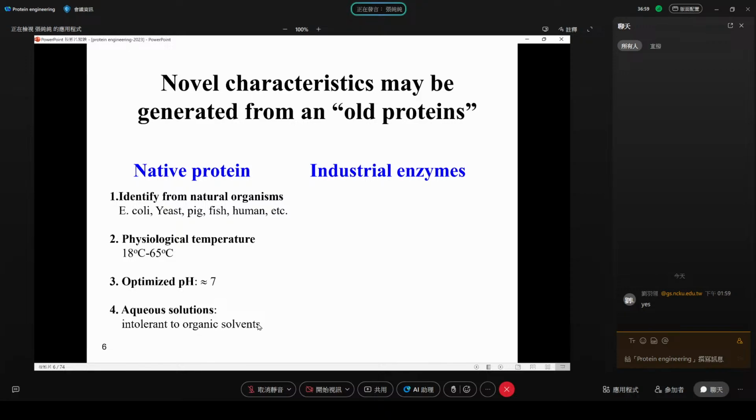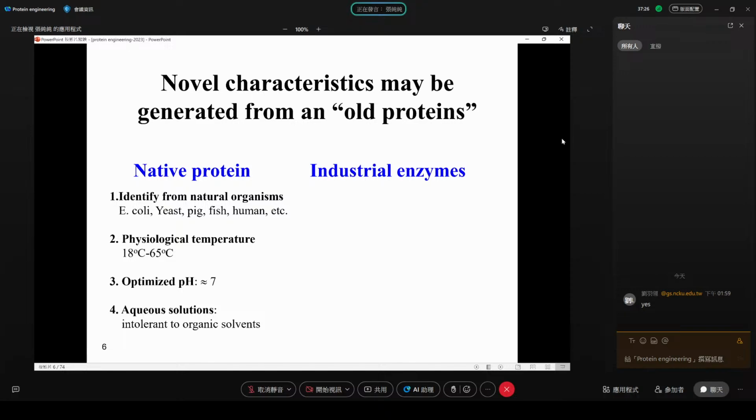I believe all graduate students, when you start your first research work, your PI probably asks you to make the buffer. Why do we need to make the buffer, PBS buffer, Tris buffer, all kinds of buffer, or the cell culture to grow your egg chamber, your cells, your plants? Because you would like to maintain the stability of those natural proteins to make your experiment work.